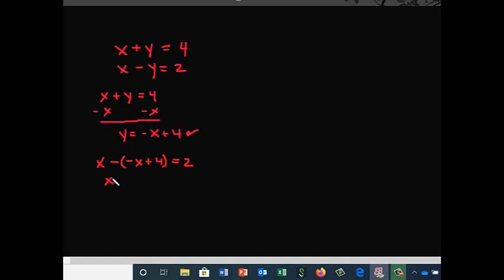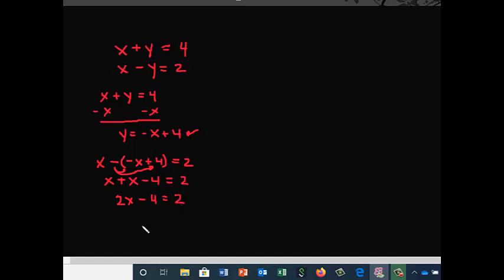We will say x, and then we're going to distribute the negative sign to this term and to that term. So this will be x plus x minus 4 is equal to 2. So now this will be 2x minus 4 is equal to 2.